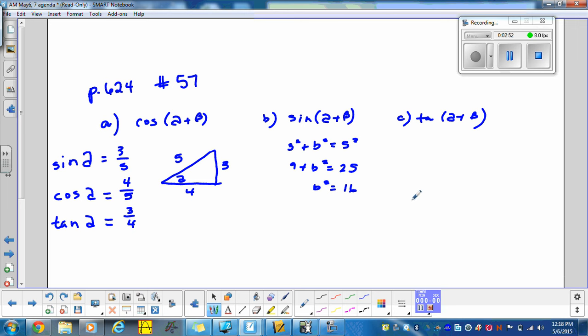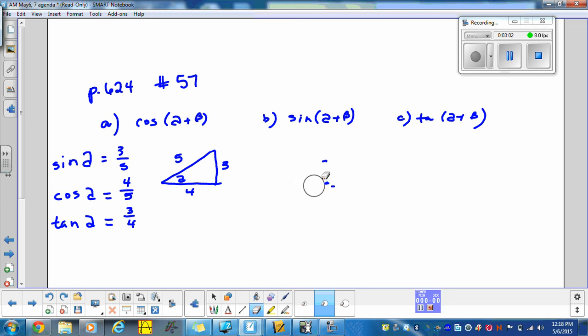Now we're going to do the same thing with the other angle, beta. We're going to use that Pythagorean theorem idea. So let's take a look at the beta angle. It tells us that the sine of beta is 5/13.